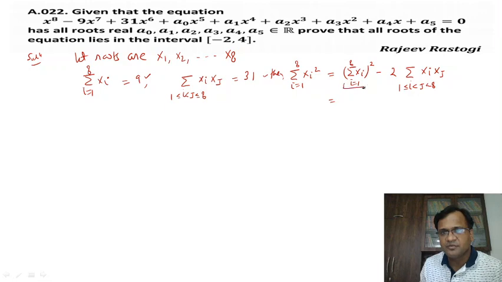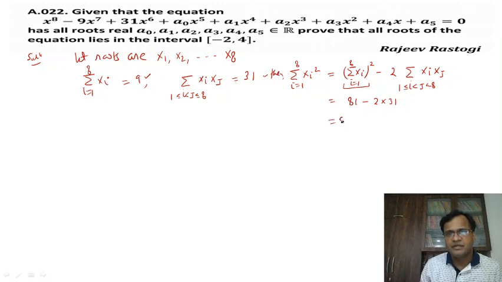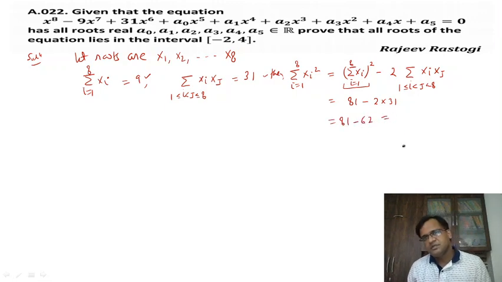So what is the value of sigma xi? It is 9, so 9 squared is 81. And the sum of the product of roots taken 2 at a time is 31. 2 into 31 is 62, and 81 minus 62 is 19.